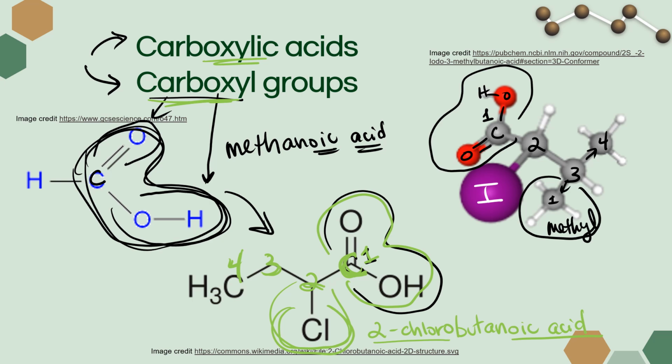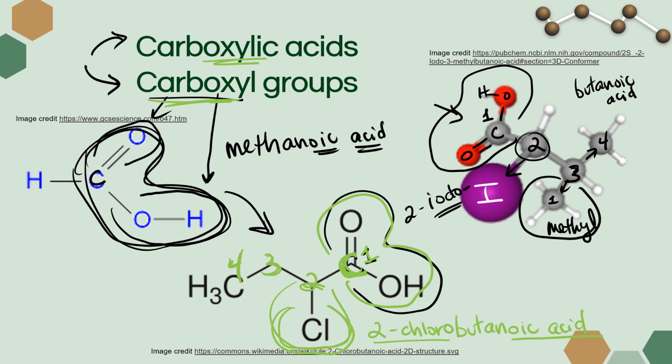So what do I have? I have a carboxyl group. That makes it a carboxylic acid. Because I have 1, 2, 3, 4 carbons, meth, eth, prop, but, it is going to be butanoic acid. I also have on carbon number 2, iodo. Iodo is my prefix for iodine, 2-iodo.